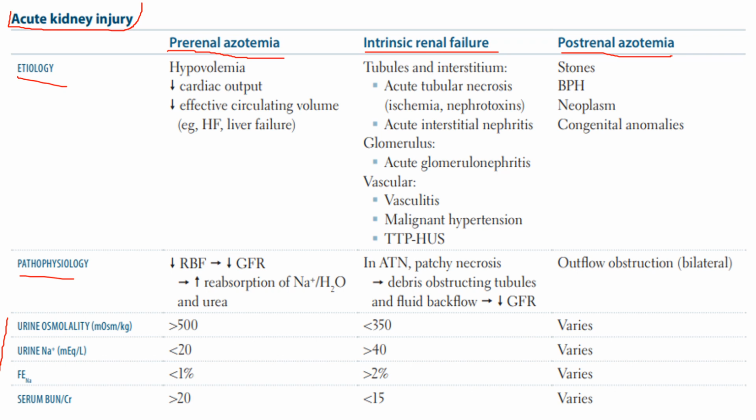Now we'll talk about prerenal azotemia, which is due to hypovolemia, which leads to decreased cardiac output and decreased effective circulating volume, for example heart failure and liver failure.